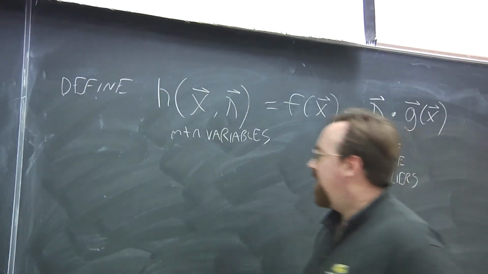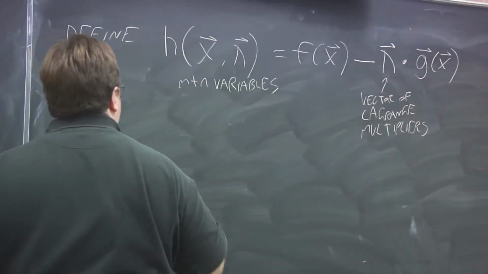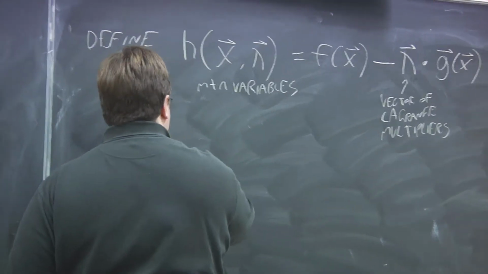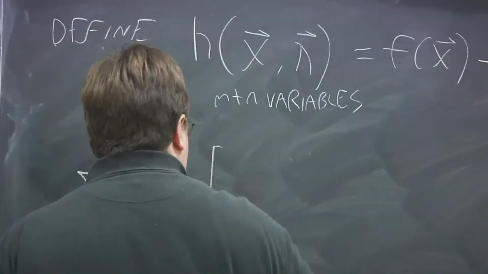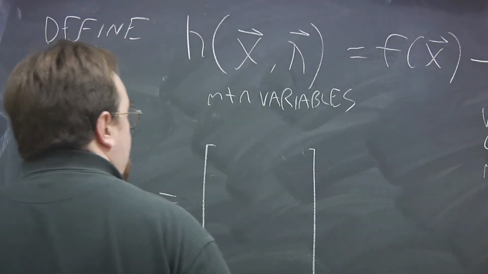Why? Because if you look at the gradient of this and see where it's equal to 0, here's what we get. This is going to be a vector of n plus m components.